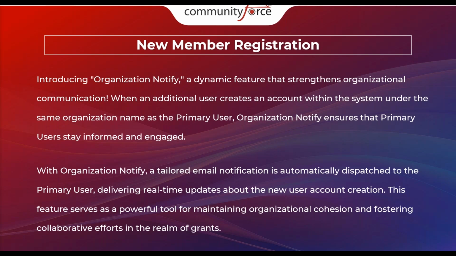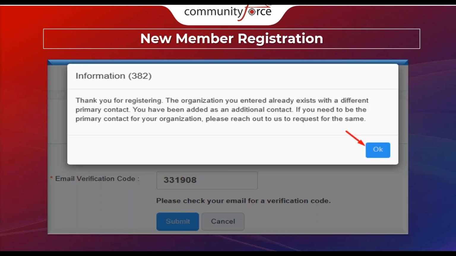Once they create the account, the primary member of that organization is going to get an email notifying them that an individual from their organization created an account. That way they can go in and do any modifications themselves, with that managed member. That email is available for you to adjust. You can change the language so that it fits your organization's message.